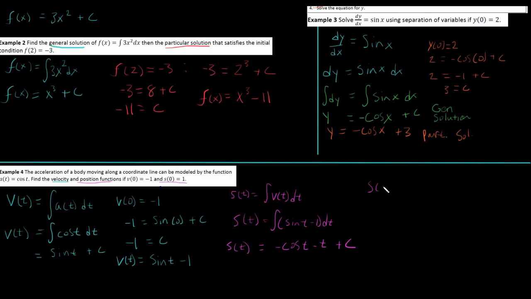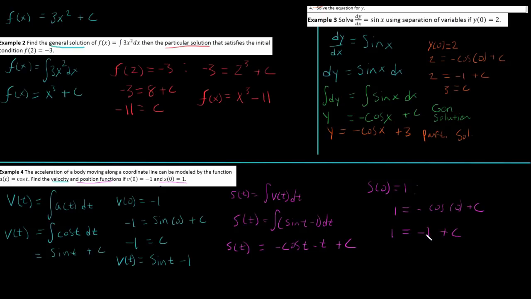So s of 0 equals 1. So 1 is equal to, let's see, negative cosine of 0 plus c. Okay, plug in 0, we get 1 is equal to, we did this before, negative cosine of 0, negative 1 plus c.